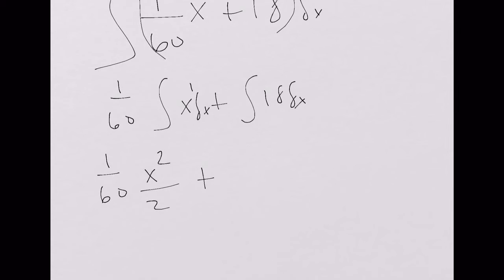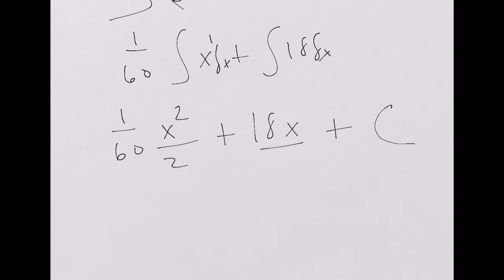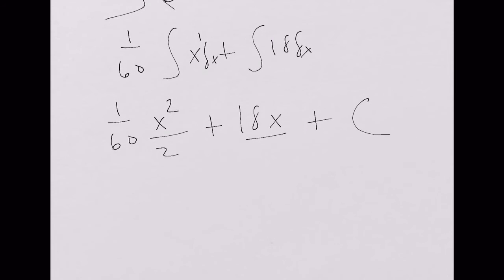Now this one, when you have a constant, what was it before? Try to think backwards. If you just have a constant, it would be 18x, because the derivative of 18x is 18. And then lastly, we would have that plus c. So this is my antiderivative, right?